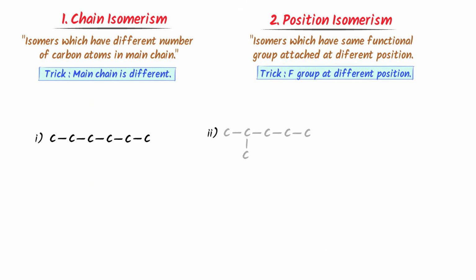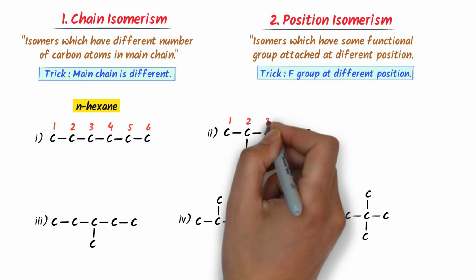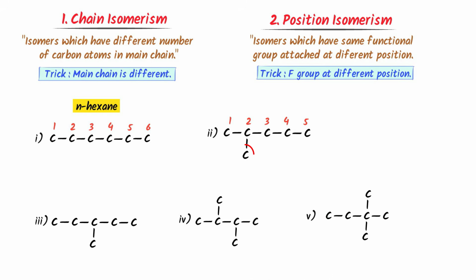Now consider these isomers of hexane. This is a straight chain of carbon atoms. There are 6 carbon atoms present in it. We call it n-hexane. Secondly, I write 1, 2, 3, 4, 5. The methyl group is present at the second carbon. We call it isohexane.